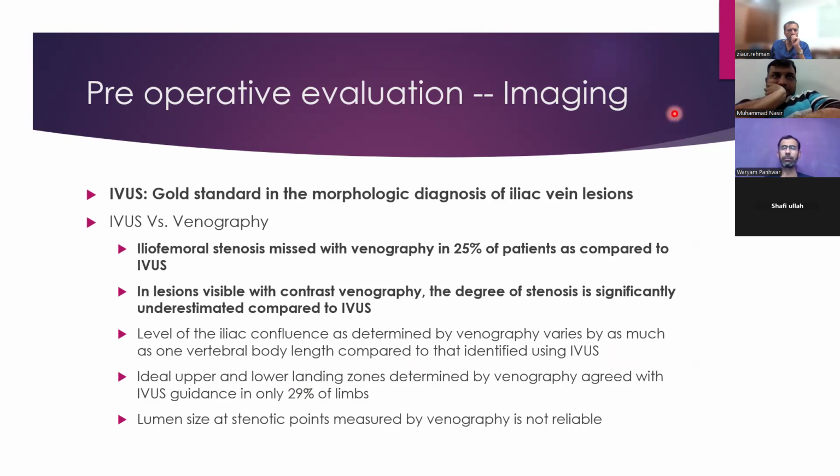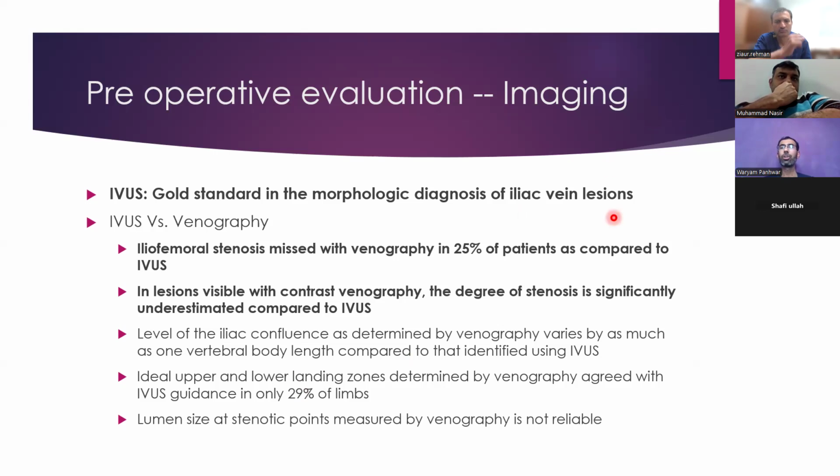One drawback, or one objection, on the ATTRACT trial is also the same thing: they offered PMT and then offered selective stenting only to the patients in whom stenosis was seen on venography.